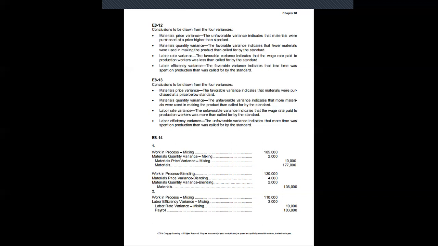Actually, we have 10,000 as favorable labor rate variance, though the labor efficiency variance of 3,000 is unfavorable. So we credit payroll for 103,000. Now that's for entry number 2.